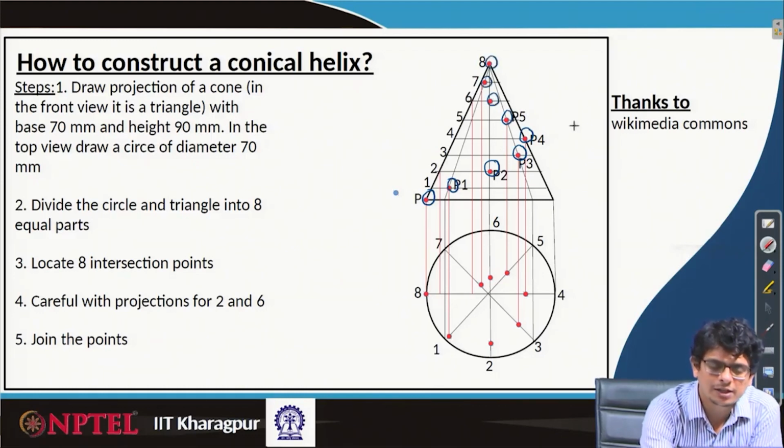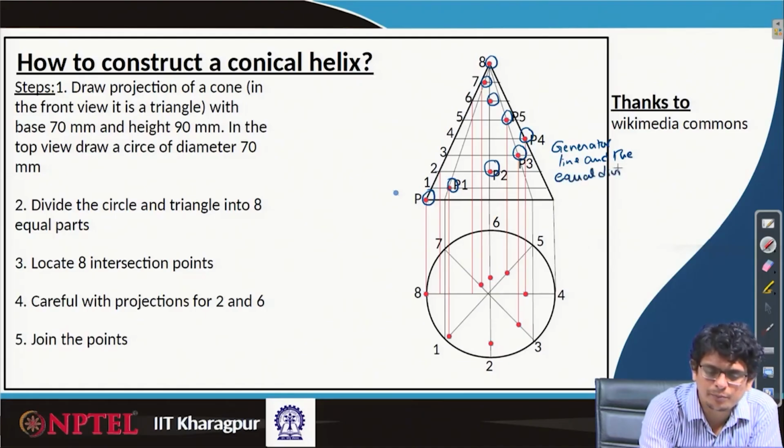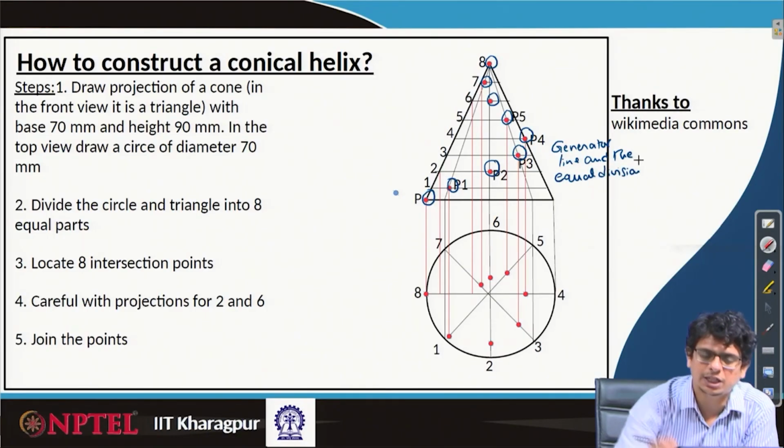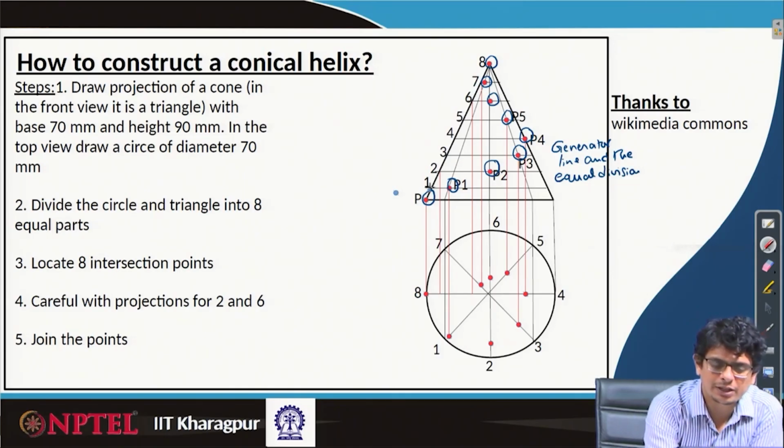For the top one we always have to intersect the generator line and the equal division made on one of the generators. So the equal division made by one of the generators is this one, intersecting with generator line 1.